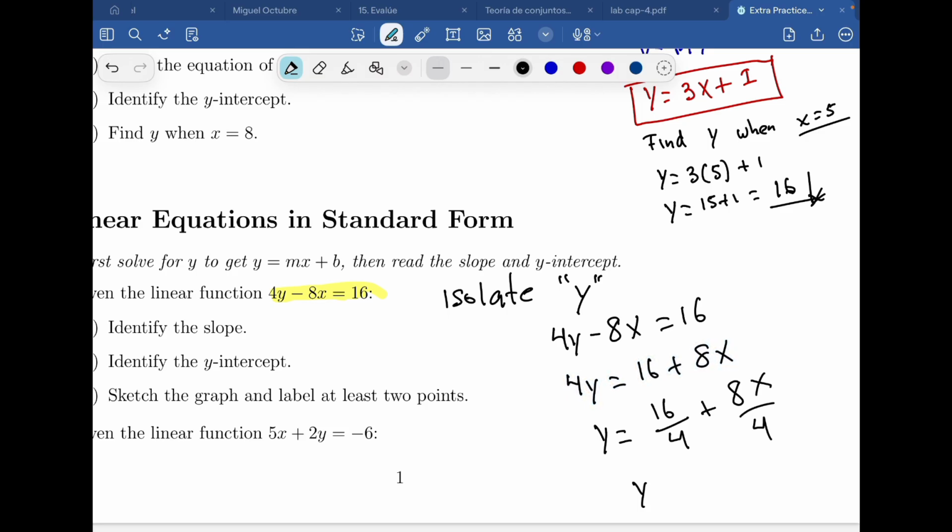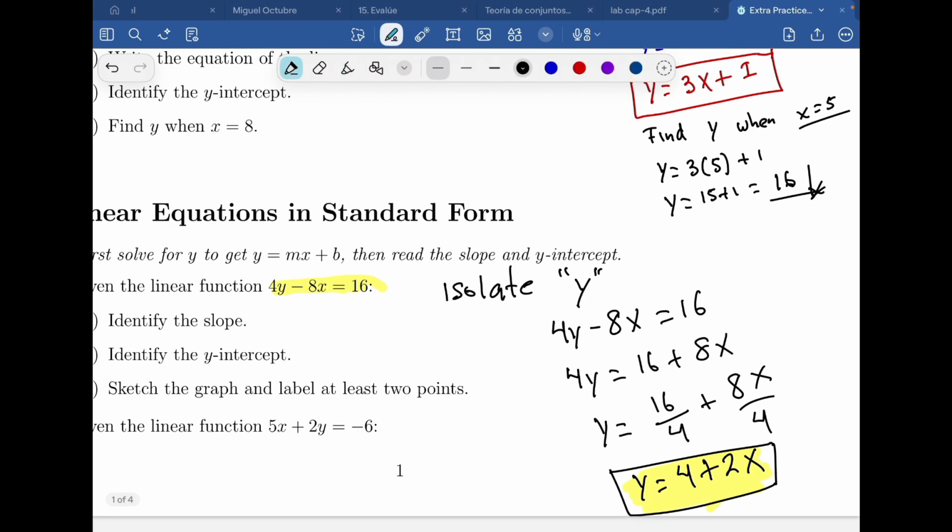Here we can simplify. 16 divided by 4 is 4, plus 8 divided by 4, 2x. So this one is the slope-intercept form. If you want, you can rearrange this like 2x plus 4. It's going to be the same.